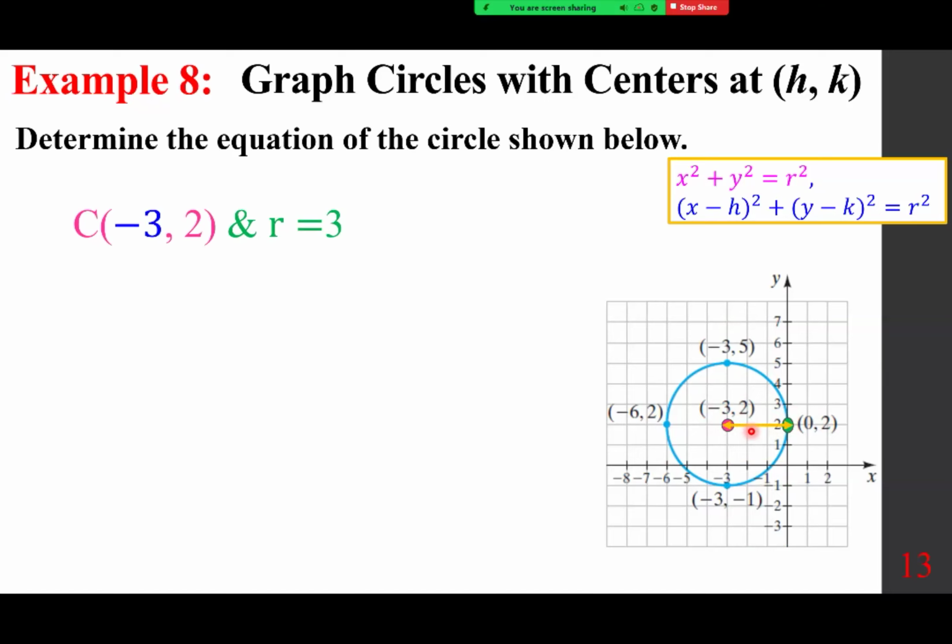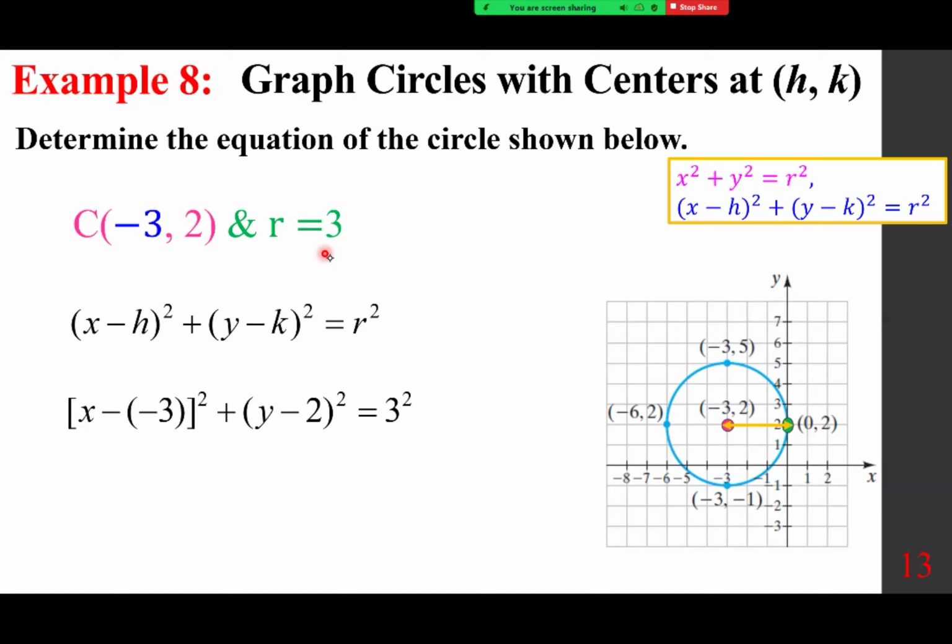So x minus h quantity squared plus y minus k quantity squared equals r squared. That means x plus 3 quantity squared plus y minus 2 squared equals r squared, or 9. So x plus 3 squared plus y minus 2 squared equals 9. That's the standard form. Everybody?